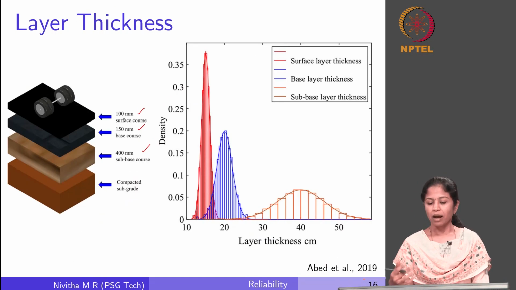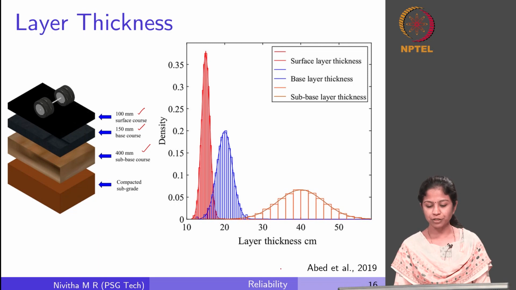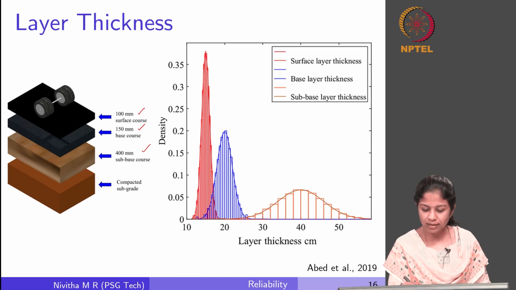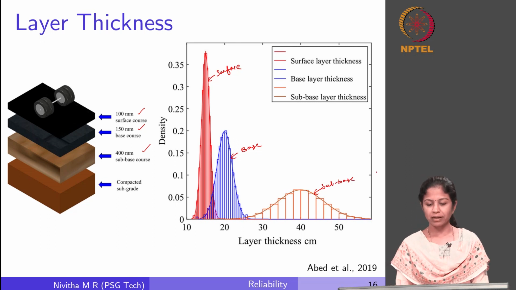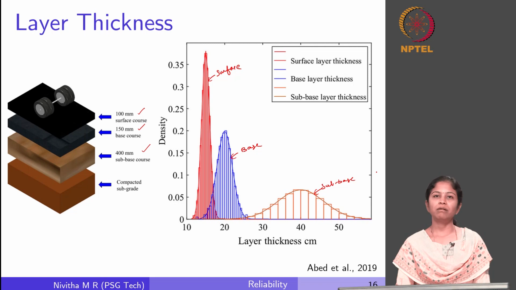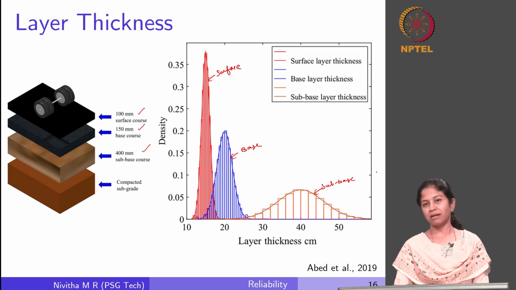So if I am assuming a normal distribution for this case, this is the amount of variability that you can see for each layer. So this is the surface layer, this is the base layer, and this is the sub base layer. As we go to the surface course, we are able to minimize the variability, but in a base layer the variability is large.